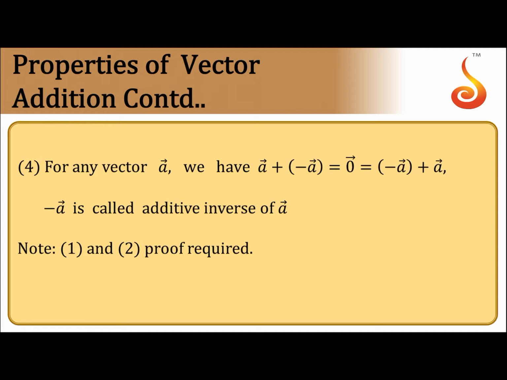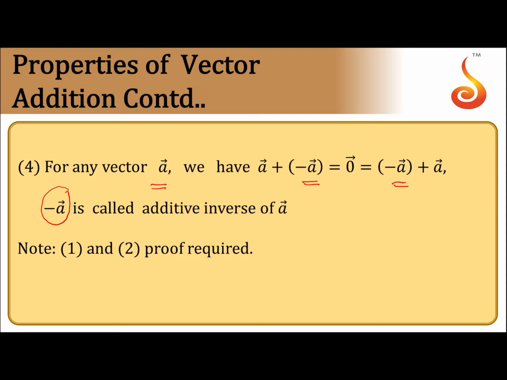For any vector A bar, there exists a negative vector minus A such that A bar plus minus A bar is equal to the null vector, or minus A bar plus A bar vector is equal to the null vector. Therefore, that negative vector minus A is called the additive inverse of A.